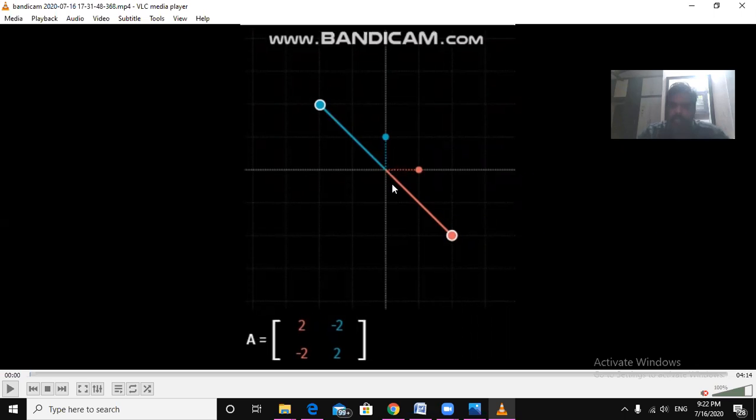Let us take a linear transformation with the matrix 2, minus 2 and minus 2, 2. This is a column vector, and this is another column vector. What happens if I apply this transformation on this red line and blue line? It transforms them, stretching like this. This is another transformation applied on the same vectors. It is rotating like this.